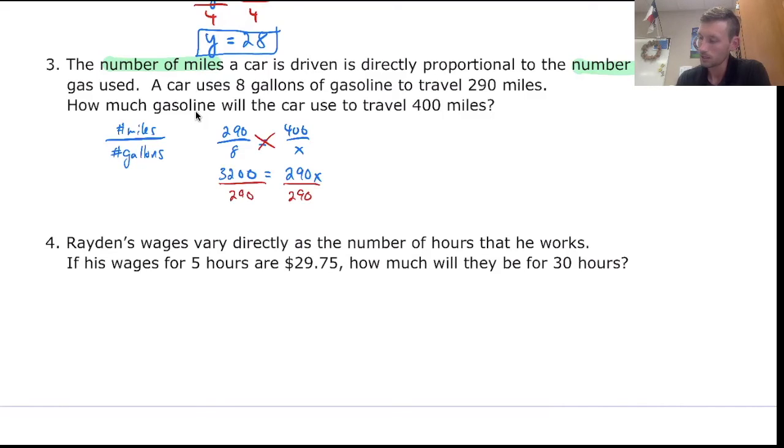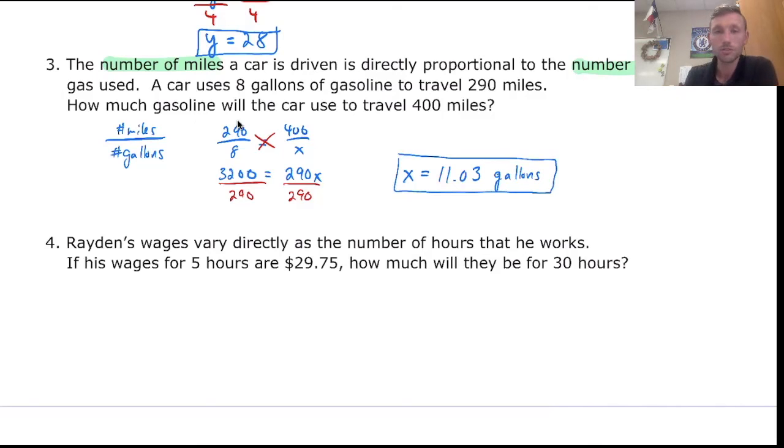And we're going to get our answer of X equals 3,200 divided by 290, which is 11.03. 11.03 gallons. We need to make sure we use the units here because they've given us units. So our answer is 11.03 gallons.